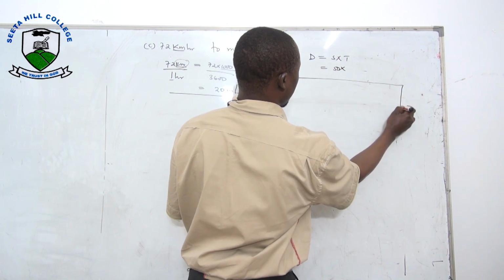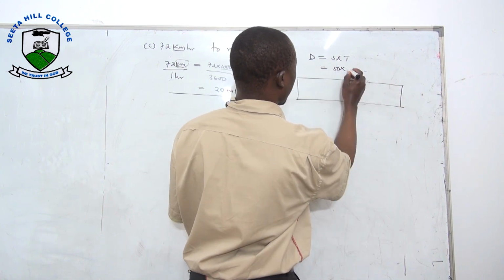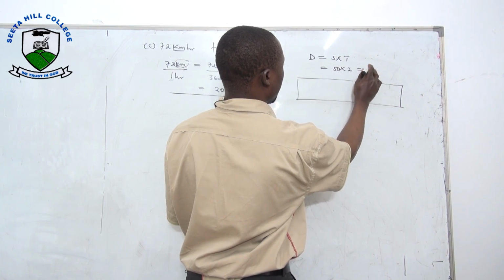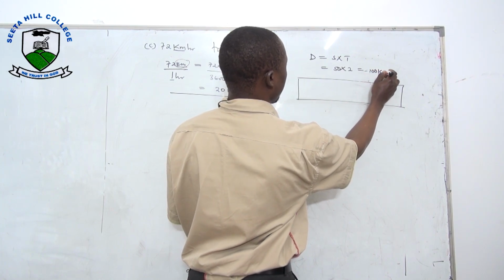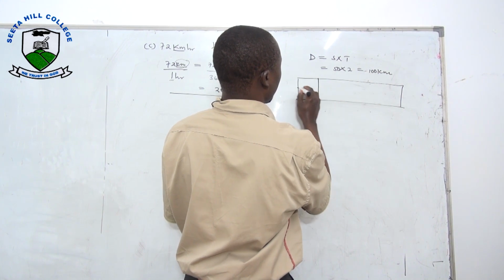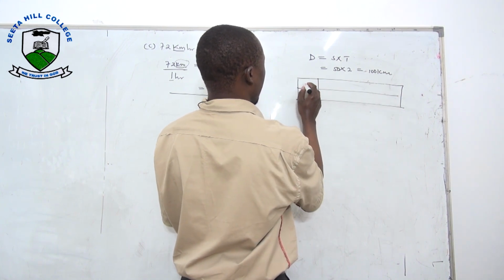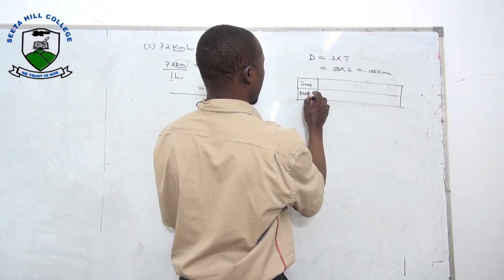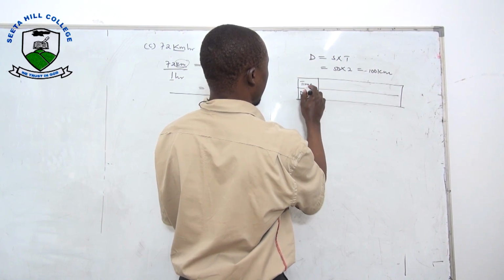Times how many? What time did he take there? 2 hours. That's how many kilometers? 100. Okay. That means I have time in hours and distance in kilometers.